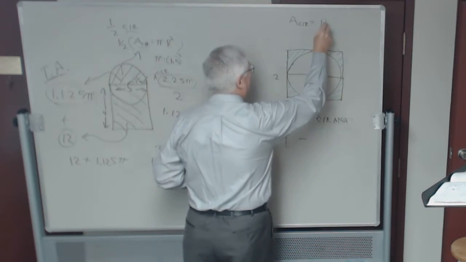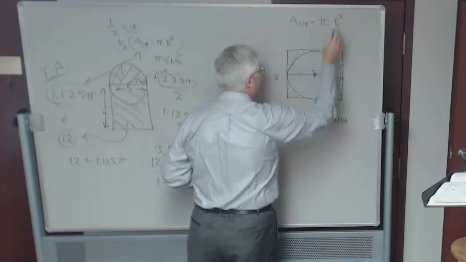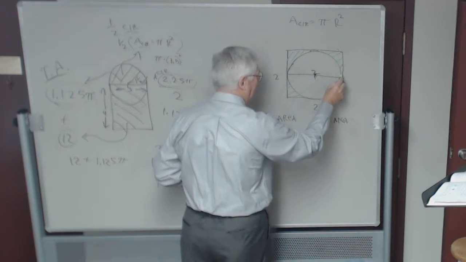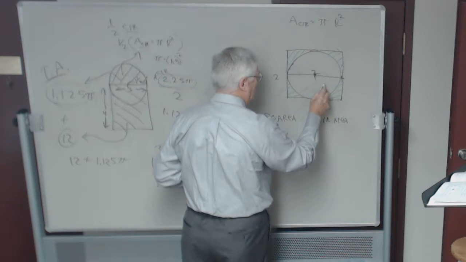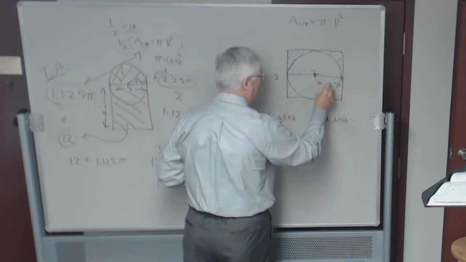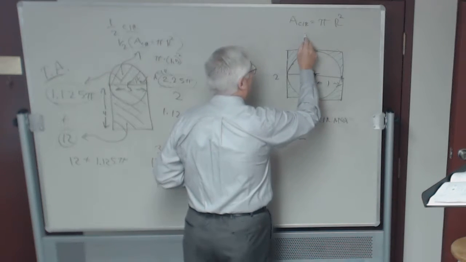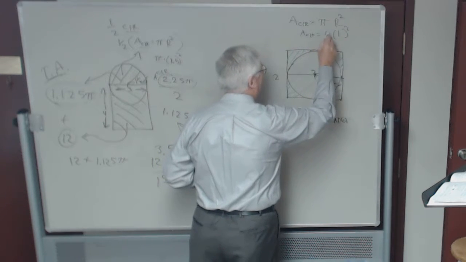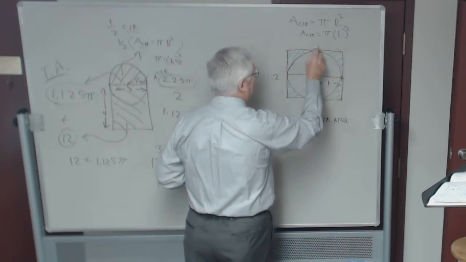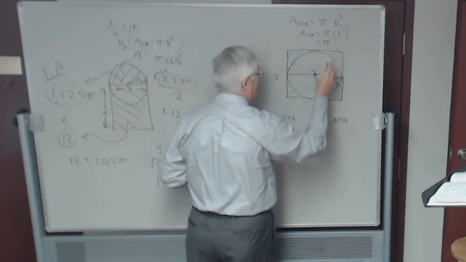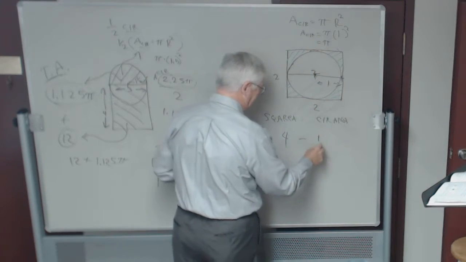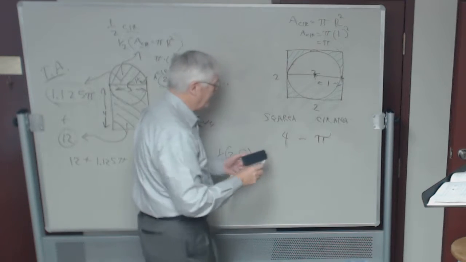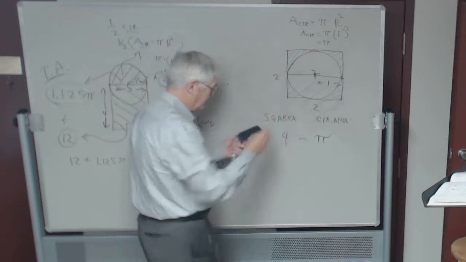Pi r squared. What's the radius? 1. So the area of the circle is 1 squared times pi. That would just be pi, wouldn't it? So 4 minus pi would be the area of the green region.